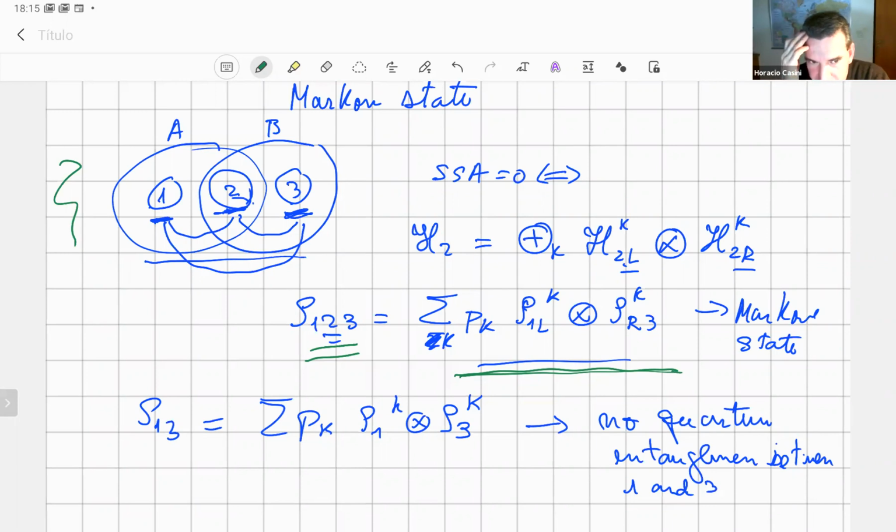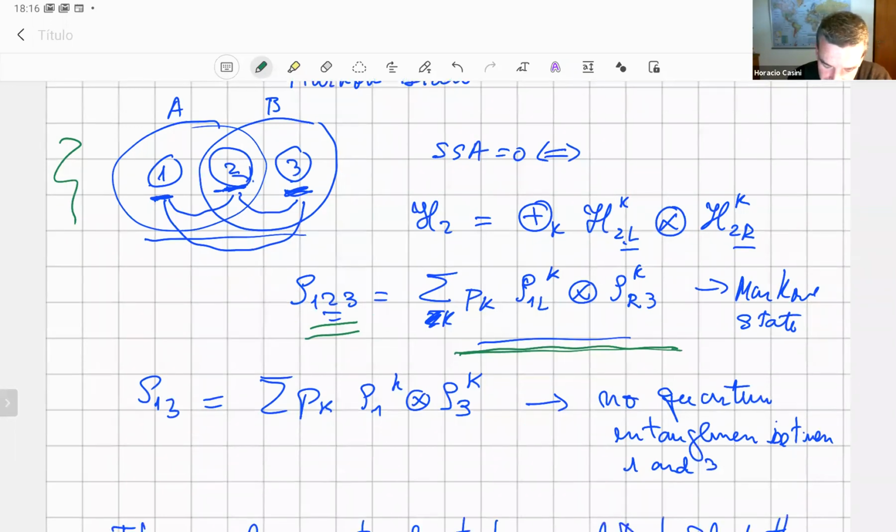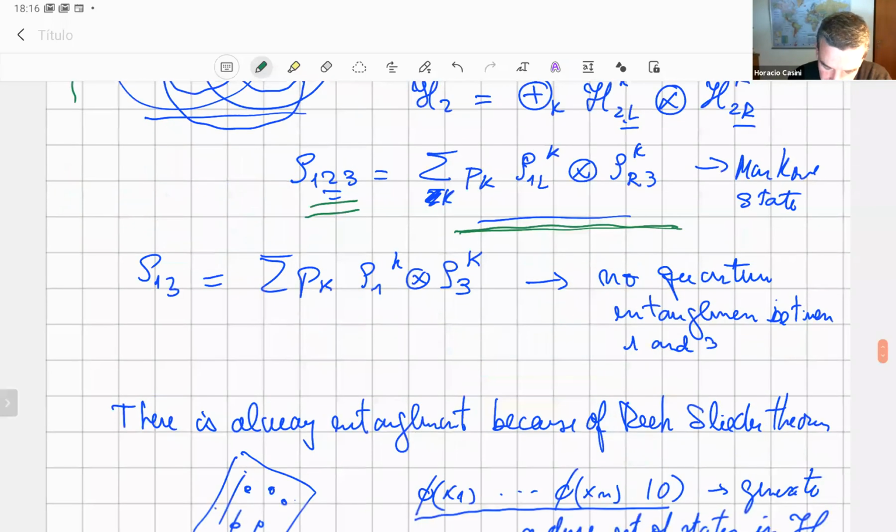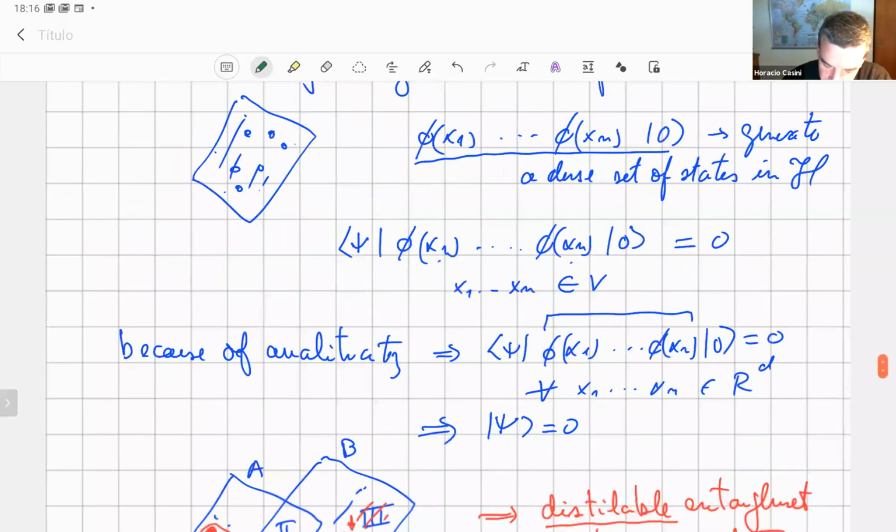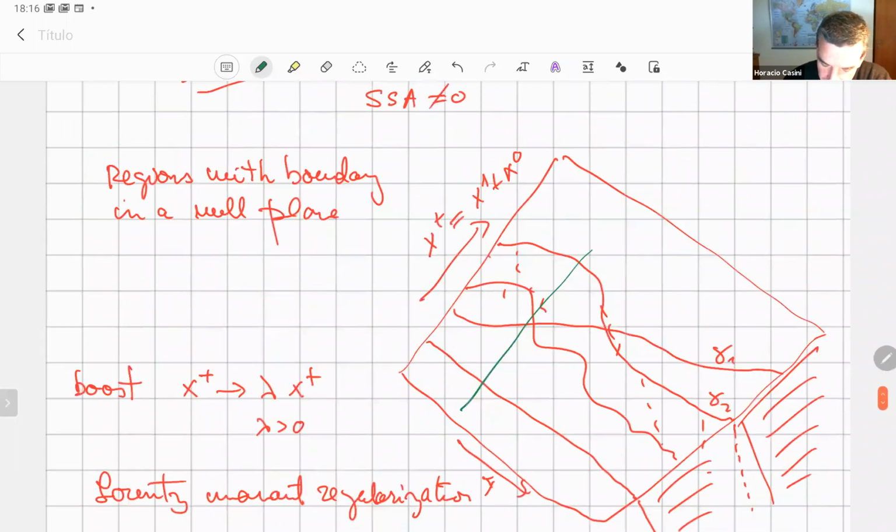It somehow tells something that is in a contrary direction to the Reversibility theorem. The Reversibility theorem tells you that if you have 2 regions with some volume, you always have entanglement between them. And this tells you that the different lines on a null plane are unentangled to each other. This is precisely what happens for a free theory.